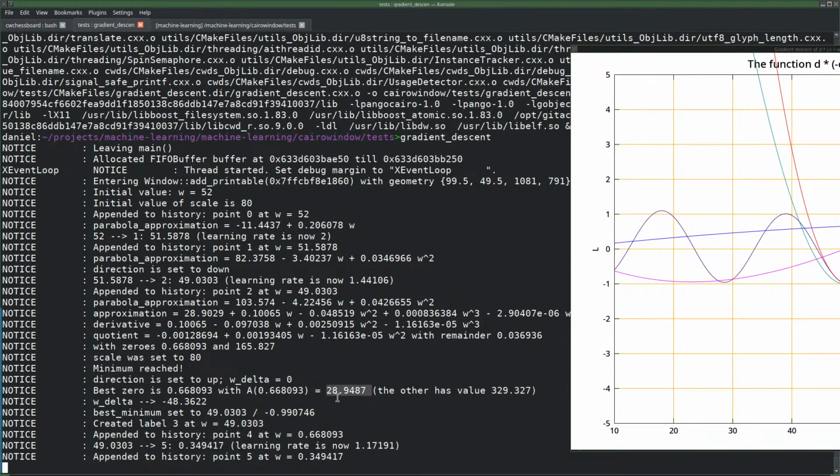Oh, 20, oh yeah, right. 28 is the approximation. So the teal thing here that's going up is apparently 28 around here. Yeah, it's just not a good approximation. Not at all. This should be detected instead of continuing with it.